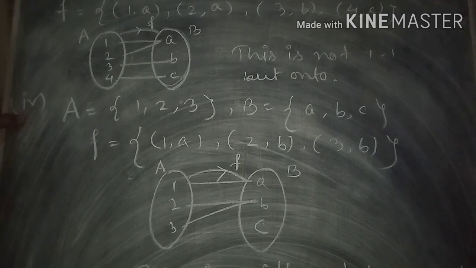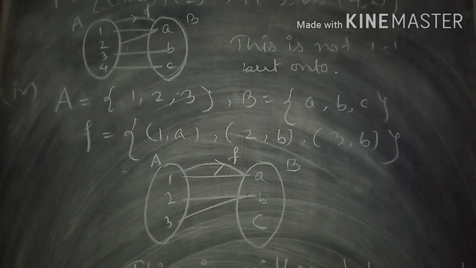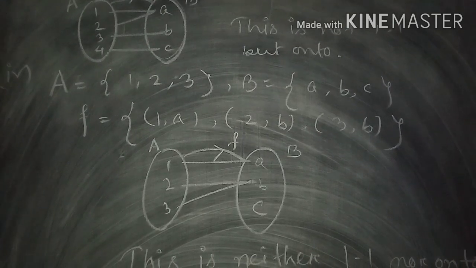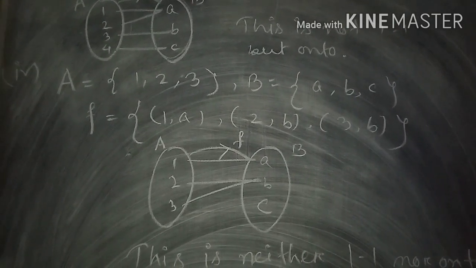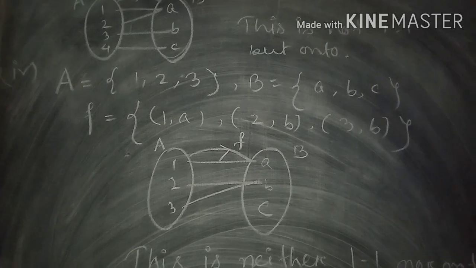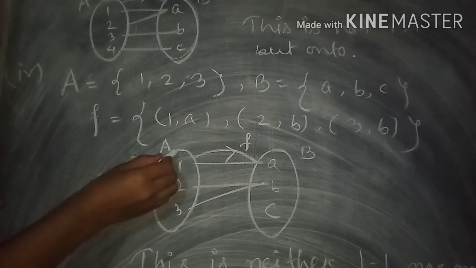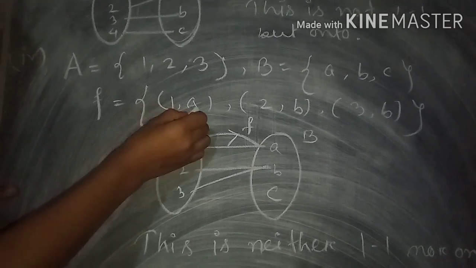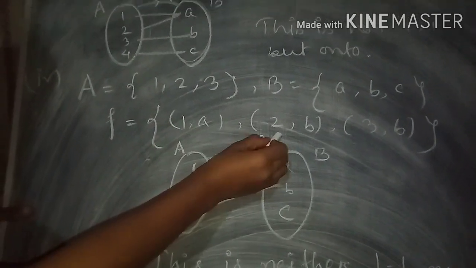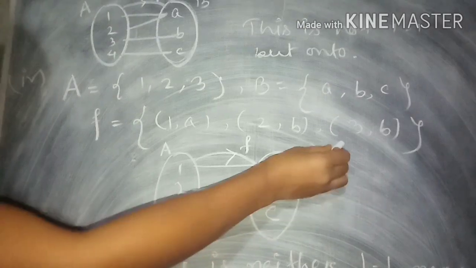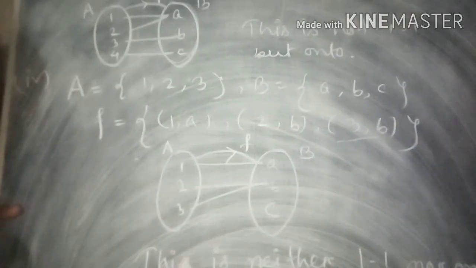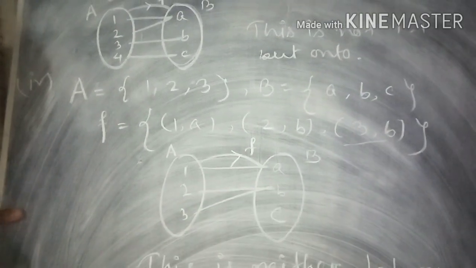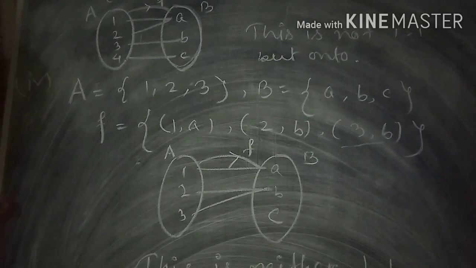Now question number 4. The set A contains 1, 2, 3 and B contains A, B, C. And the function f is defined in a way that 1a, 2b, 3b. Now, with the help of this figure, 1 relates to A, 2 goes to B and 3 goes to B, and the element C remains unrelated.